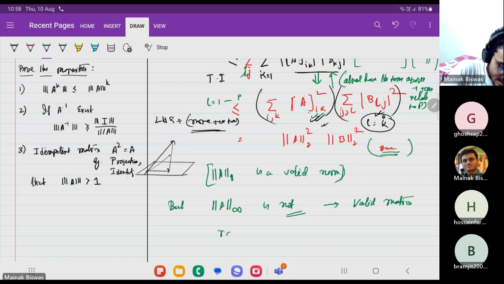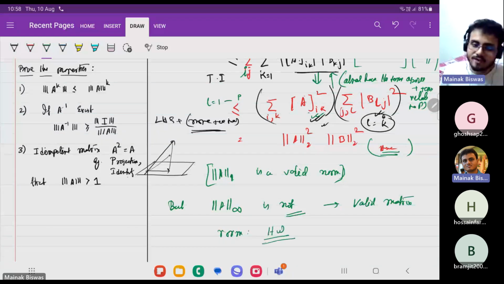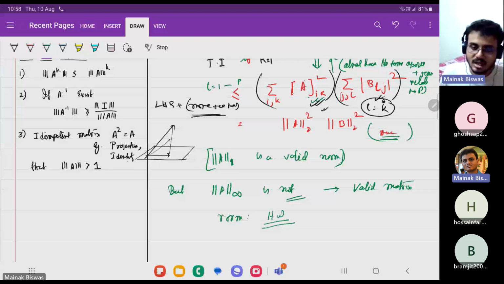So try this as homework. Try to post it on the Teams. If you post it, I will give you the solution. Even if you mention some ideas on how to do this, I will give you the entire solution. I promise. But I need a little bit of proactiveness from you. If you give me that, I'll show you.